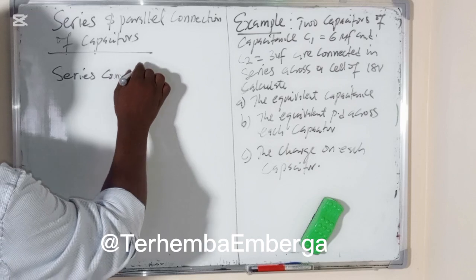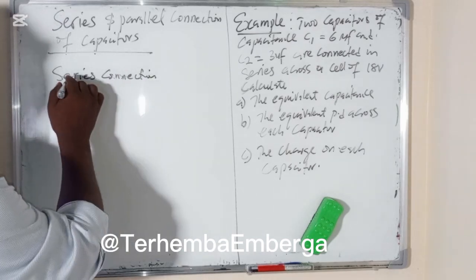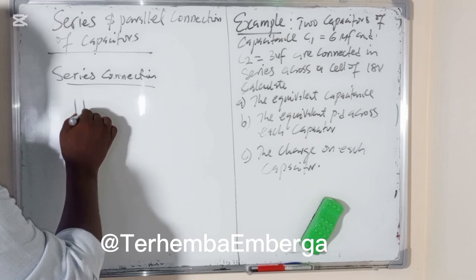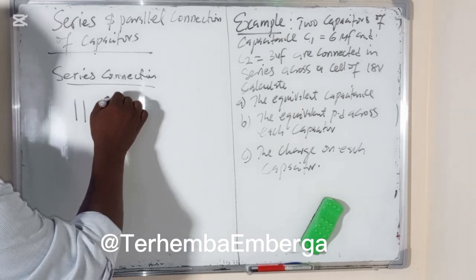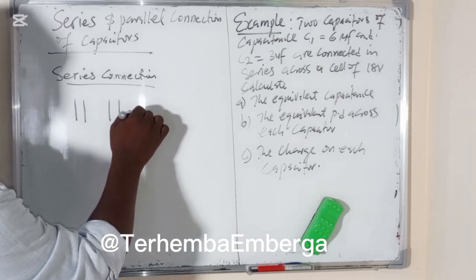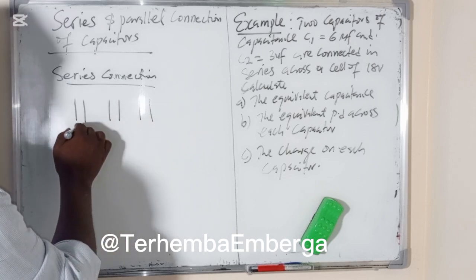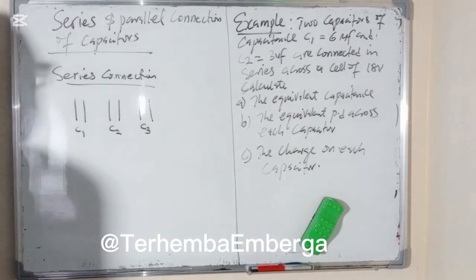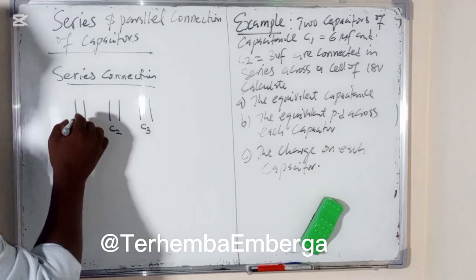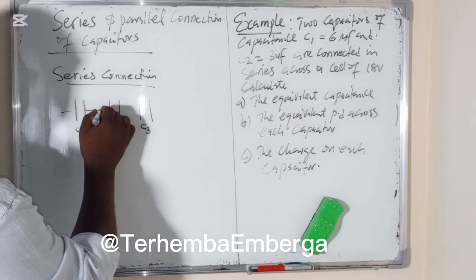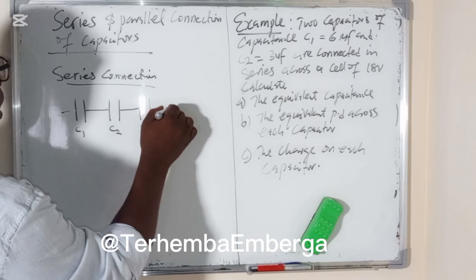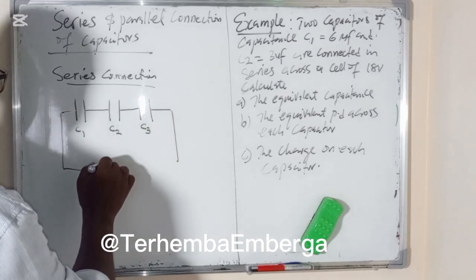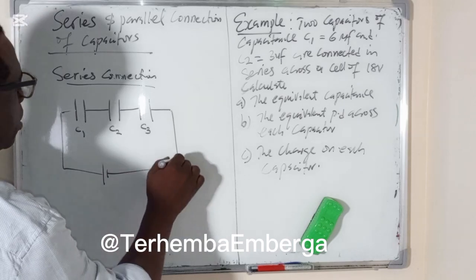When you have two or three capacitors arranged side by side, this is C1, C2, C3.